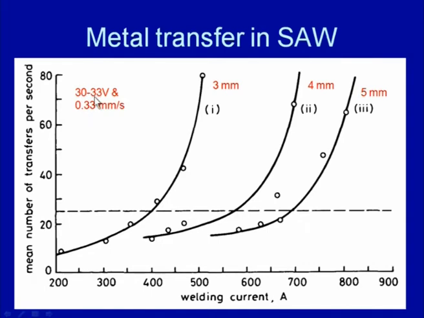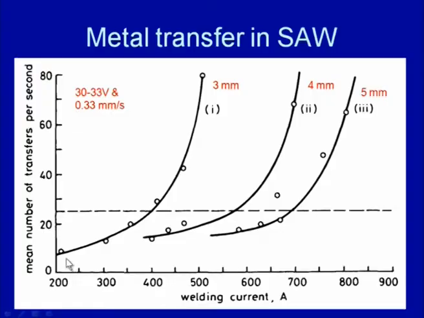using 30 to 33 volts and a welding speed of 0.33 mm per second, when we use the 3 mm diameter electrode, then an increase in the welding current increases the number of drops being transferred per unit time, from somewhere around 10 to 80. So, this is how we can see there is an exponential increase in the number of drops being transferred per unit time during the welding.